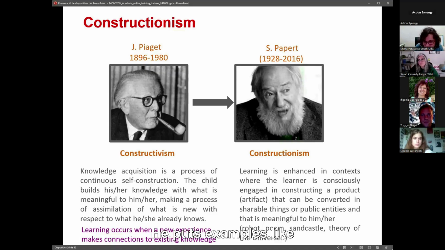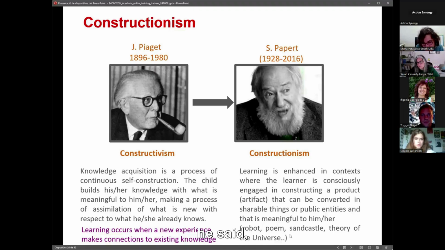He puts examples like a robot. He was also the father of Logo programming, and Logo was a robot and also a programming language. But it can also be non-tangible things like a poem. Well, a poem is tangible, you hear it or you read it, but it's not an artifact as we normally think of one.